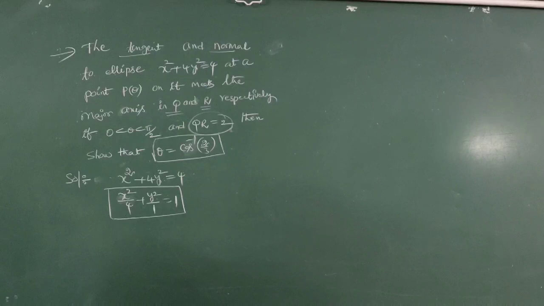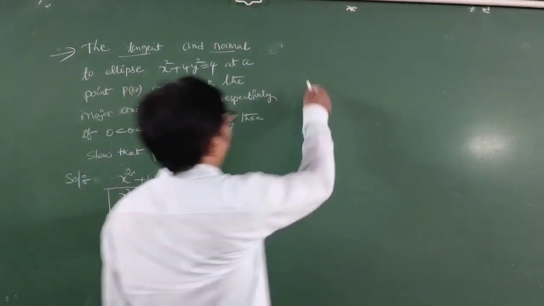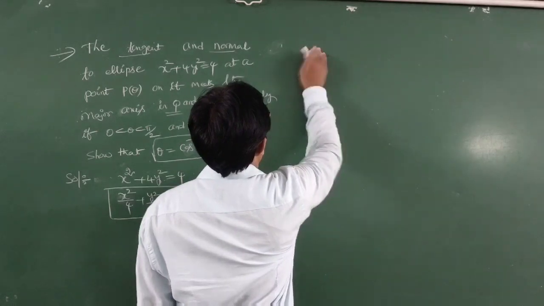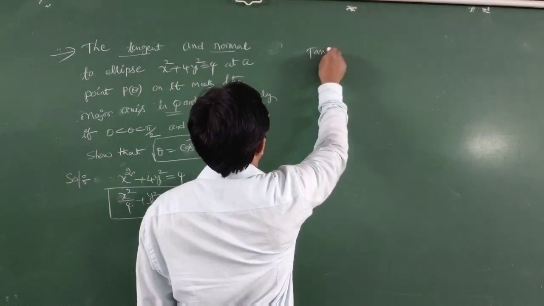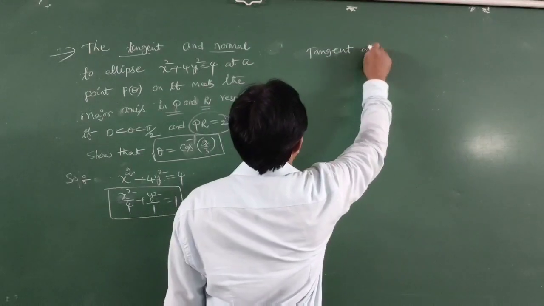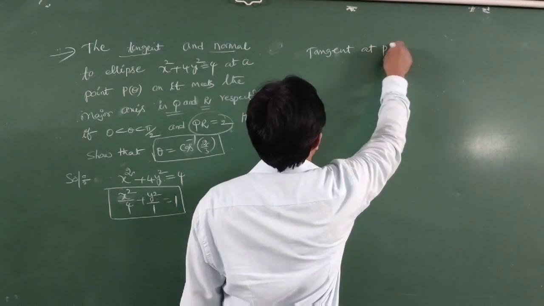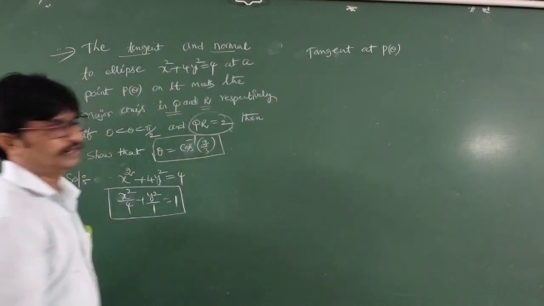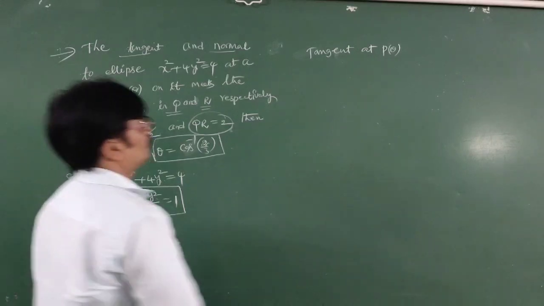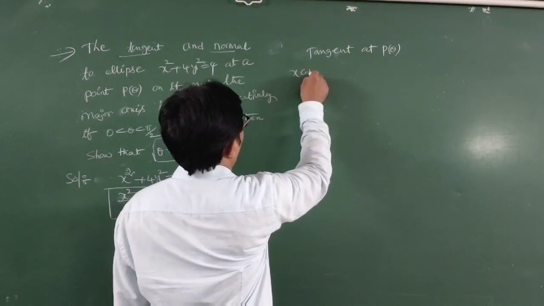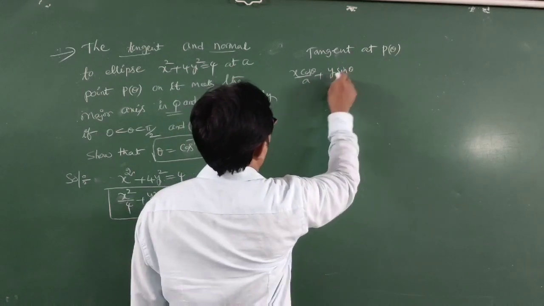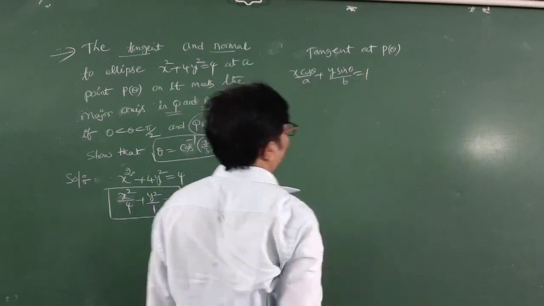Now, the equation of the tangent at P theta is x cos theta by a plus y sin theta by b equal to 1.